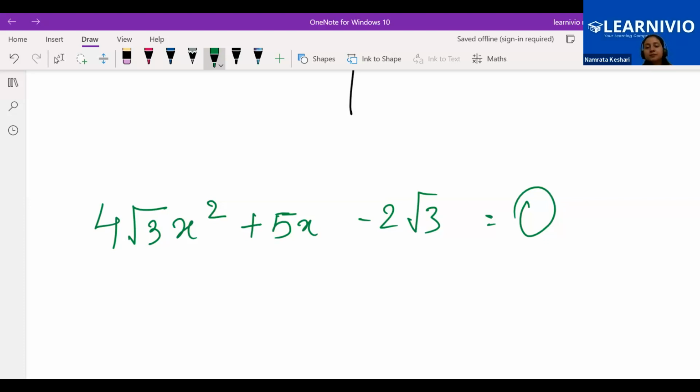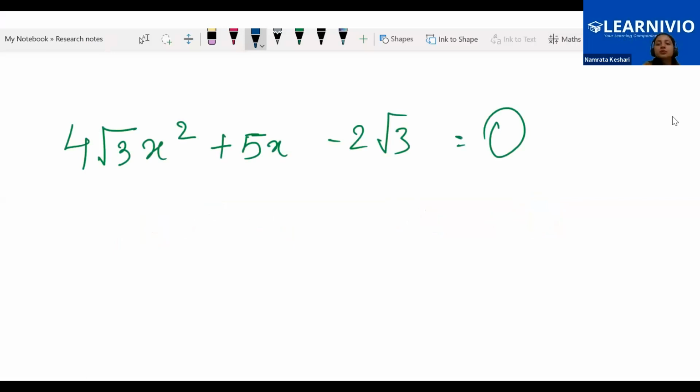What you got? Okay, let's do it over. First, we will be doing the multiplication of A and C. What is A? What is C?